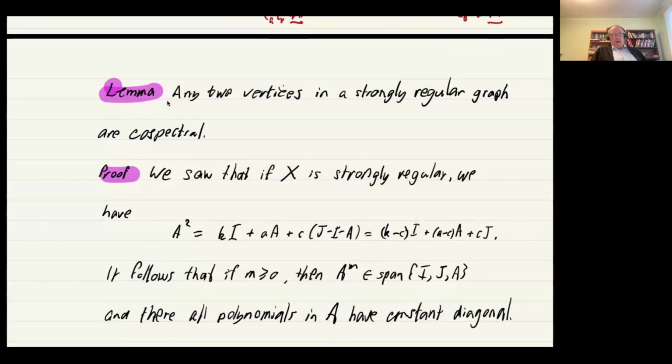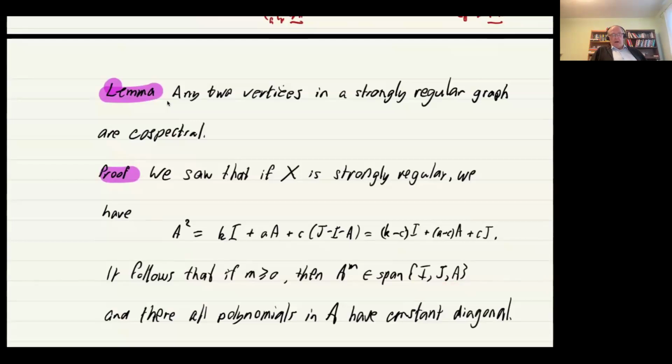It then follows by induction that for any non-negative integer m, A to the m is a linear combination of I, J, and A. If I multiply this by A, I get an AJ, which is a constant times J, and an A squared, but A squared is a combination of I, A, and J. So it's a straightforward induction. And so this implies that any polynomial in A has constant diagonal. The diagonal of I is all ones, the diagonal of J is all ones, the diagonal of A is 0.